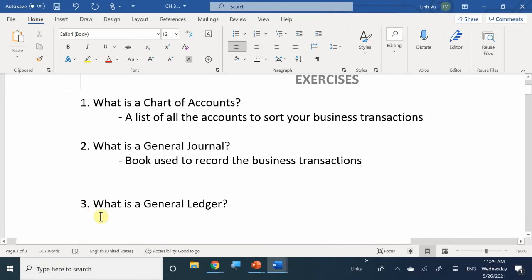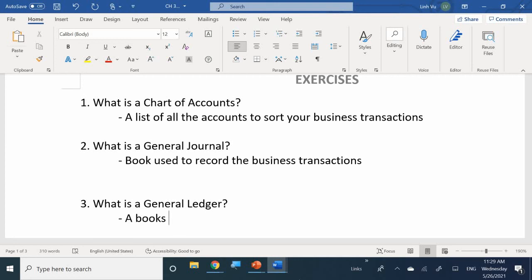What is a general ledger? A book where daily business transactions are recorded. Okay, so that's a general journal, but what makes the ledger different?